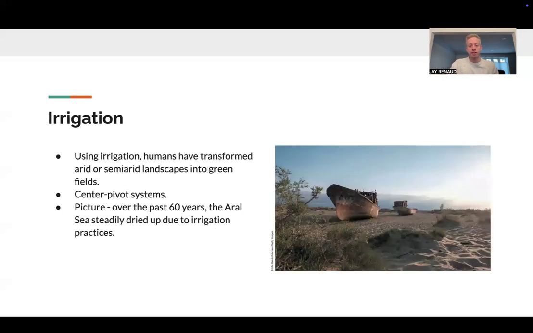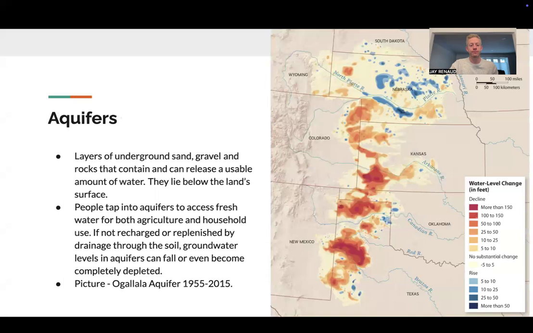Irrigation is obviously great and wonderful, but when done unsustainably, not good, right? We can over irrigate rivers, lakes, reservoirs, seas, which would not be good. Aquifers are underground water supplies that we have.